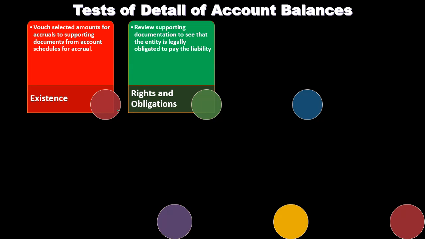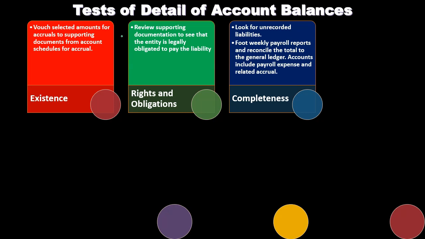So it's less likely they would put liabilities on the books when they're not actual liabilities belonging to the organization. So we want to review supporting documentation to see that the entity is legally obligated to pay the liabilities. So we want to see whether or not the legal obligation is actually the legal obligation of the organization.